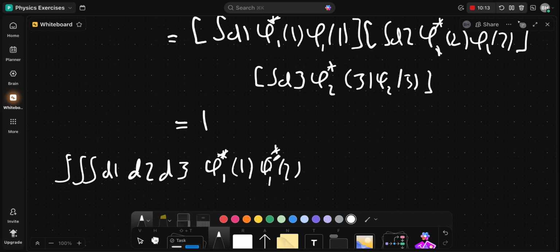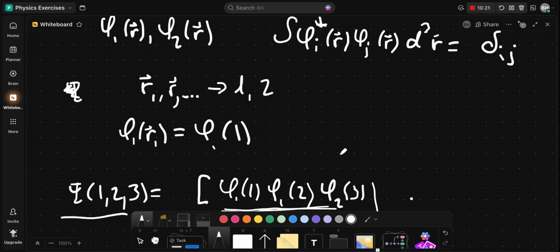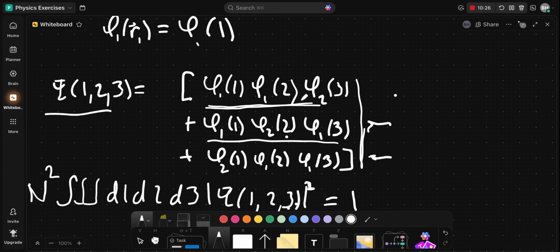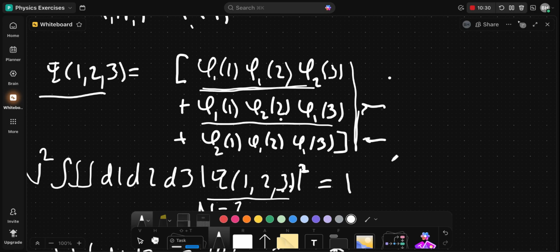Let me finish this phi, sorry. And phi 2, third particle. Okay, so that's, let's say, the bra side, if you're familiar with Dirac notation. So this, and let's multiply it with this from the other side: phi 1,1, phi 2,2, phi 1,3.